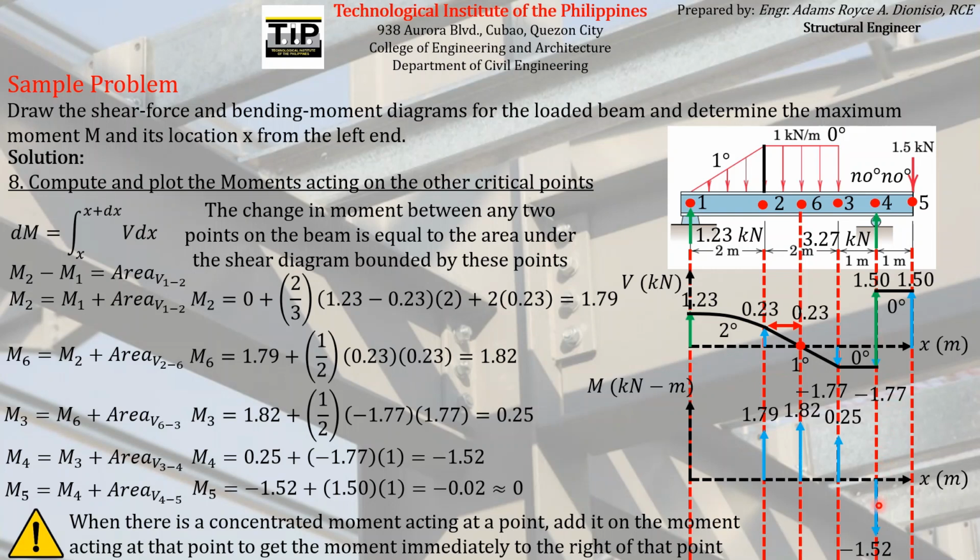To find the bending moment directly to the right of this point, you just have to add the bending moment to the magnitude of the concentrated moment acting on point 4, so that you will find the bending moment immediately to the right of point 4. Although we are blessed because in this example problem, we don't have any other concentrated moment.